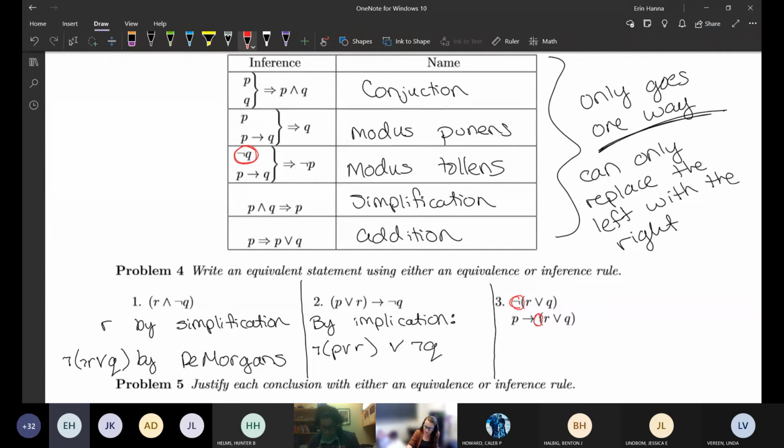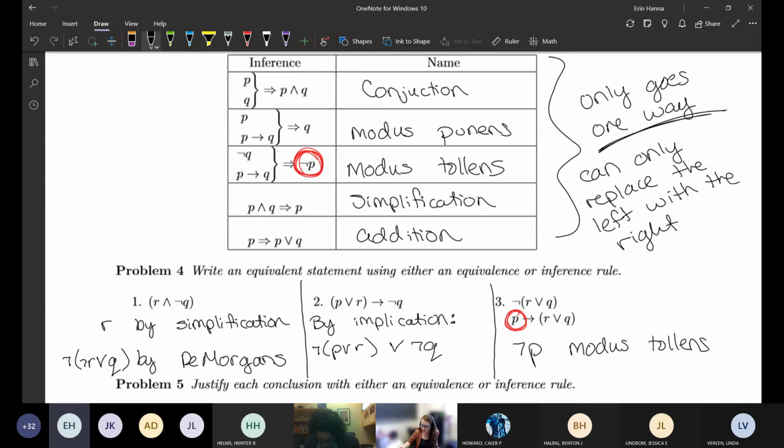It's looking like it's modus tollens because we have the setup for a P implies Q. The Q is a bit more complicated, but we have the setup, and then we have the negation of that quote unquote Q. So with both of these, we can imply not P, which is what we're going to fully imply here. We can imply the negation of the first thing in the implication, which in this case is just P. And this would be my modus tollens.